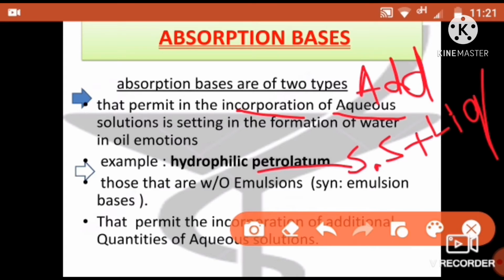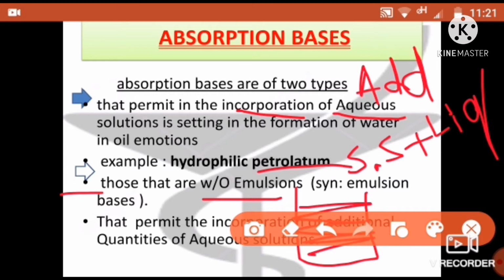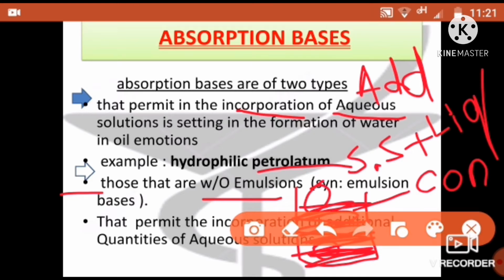And the second are those that are W/O emulsions. What are W/O emulsions? Example, this is a container. Oil is present. Oil is a continuous phase. Which phase? Continuous phase, in which water droplets are present. These are water droplets.